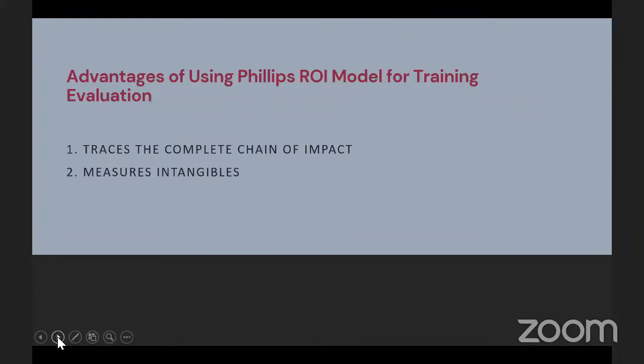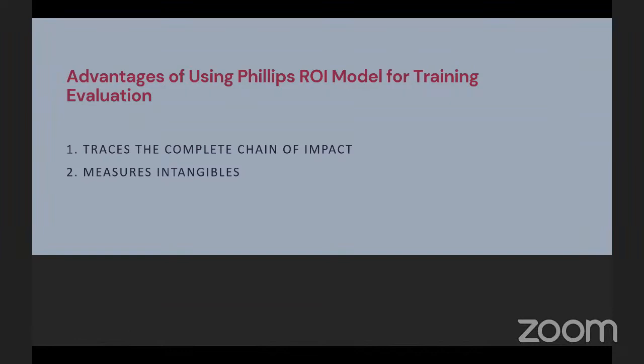So the advantages of using the Phillips ROI model for training evaluation: it traces the complete chain of impact. So unlike Kirkpatrick, when you use Phillips ROI, it will help you trace the entire chain of impact from level 1, 2, 3. Like I said, you will only come to know the impact of a program after you reach level 5.